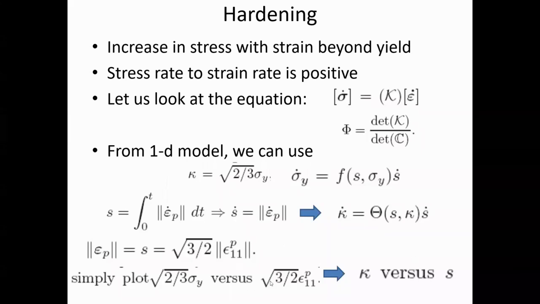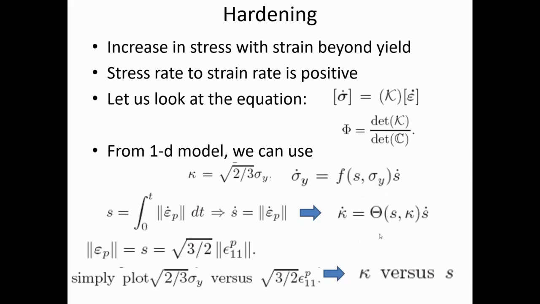So if I have to use the experimental plot of the uniaxial tension versus uniaxial strain, which is sigma y versus epsilon 11p, then I should do something like this, because each one of these represents the magnitude of epsilon p. There's nothing but S and kappa to get this relationship.